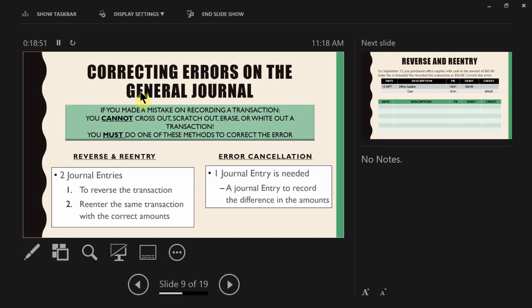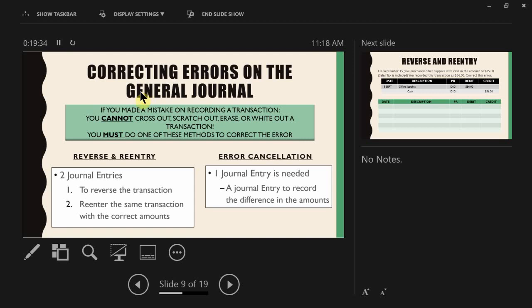A couple of rules when it comes to journalizing: if you make an error, the strict rule is you cannot cross it out, you cannot erase it, you cannot white out your transaction, because that's considered instigation for fraud. That is you trying to scratch out something in a journal, trying to erase a transaction, which is why we have the rules, to prevent that from happening. So we don't cook our books, right? We're not trying to get rid of transactions, right?